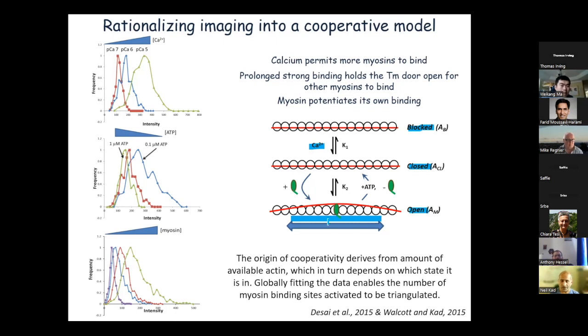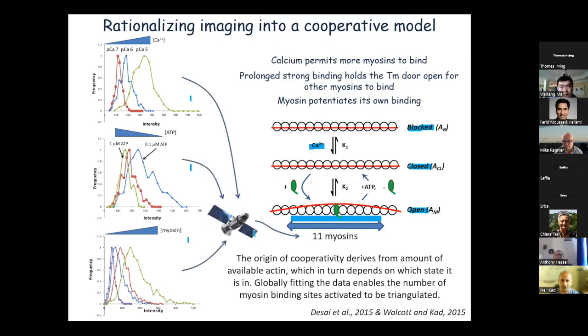Now, we wanted to know how many more myosins, so we took all of the data from these 3 different experiments and fitted them simultaneously to essentially GPS the data, or the size of this active region.